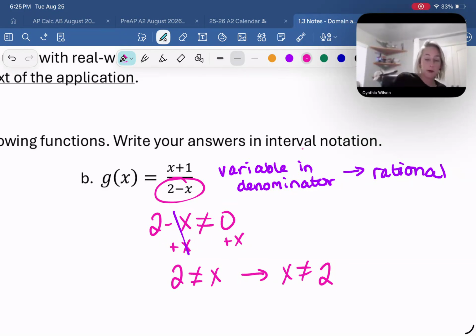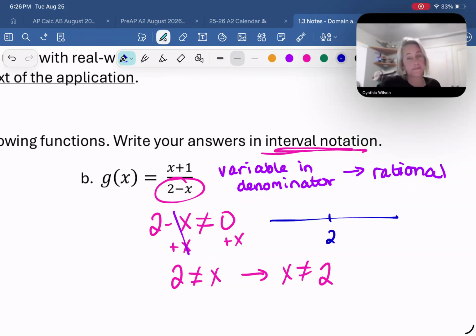All right. So we have to write our domain in interval notation. So I want you to draw a number line, just a little one. We're going to put 2 there. Since x can't be 2, we have a symbol that means excluded. It's an open dot.